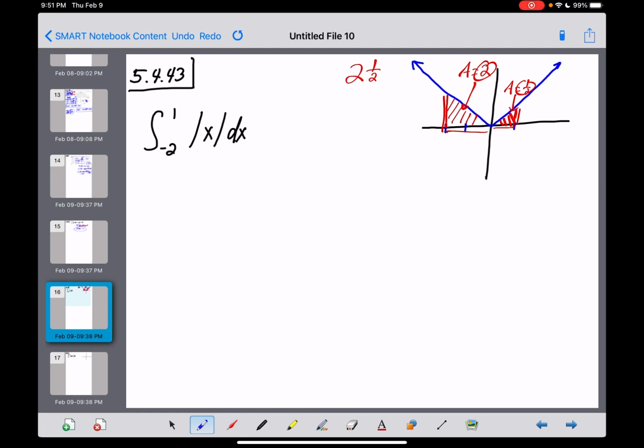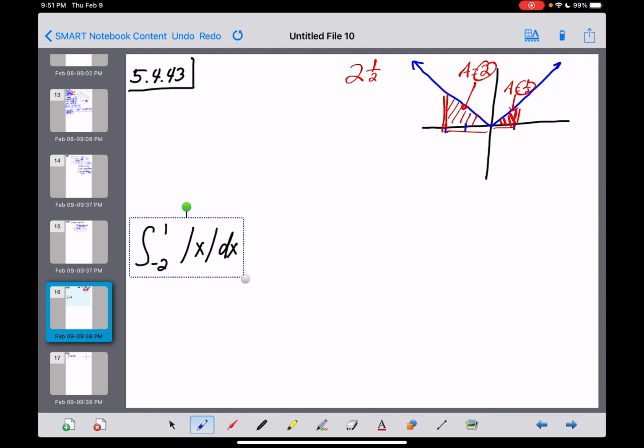Now, what did they want us to do here, though, guys? They wanted us to rewrite this as another integral here that did not use absolute value. To do that, you've got to break this function right here at the origin, guys, and realize that prior to that point, this is the function y equals -x. And after that point, it's the function y equals +x.